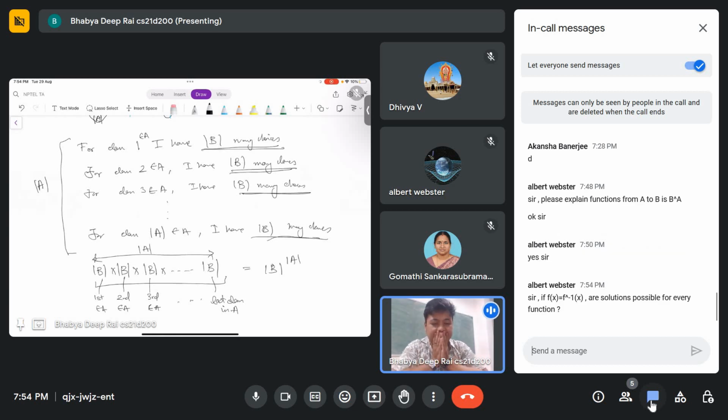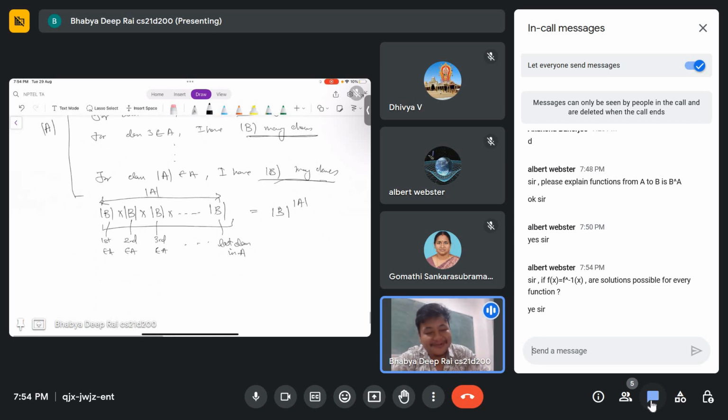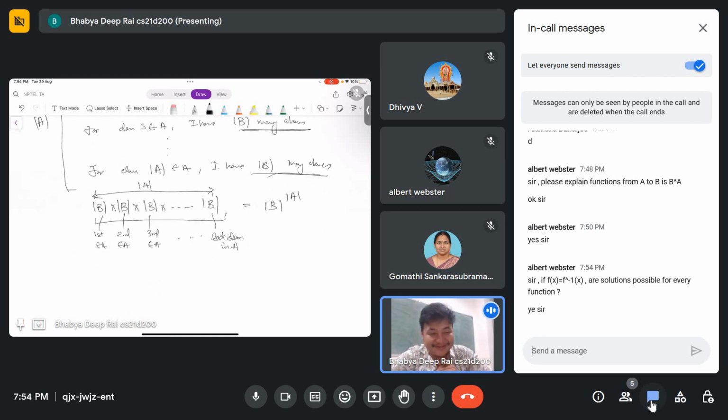Let me know if there is anyone. So if f(x) equals f inverse of x, are solutions possible for every function? So what do you mean by solution here? In a set theoretic point of view, a solution has a very different meaning. Can you tell me what exactly you mean by solution?